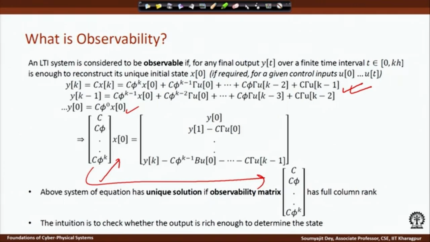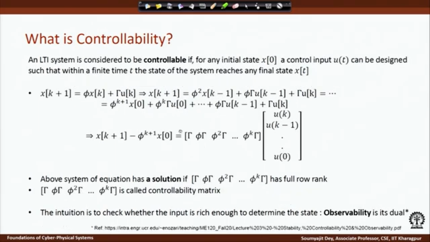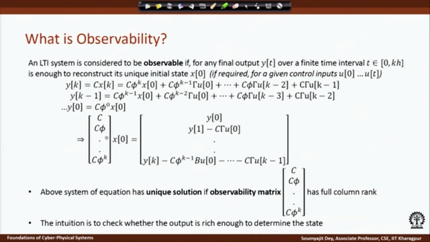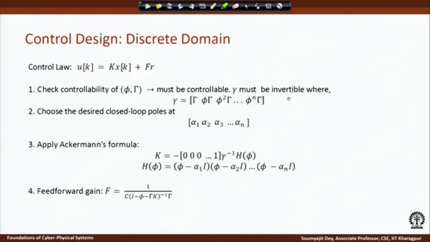But anyway, for our control system design problem, let us go back to the context. We are talking about the controllability check. So, for our problem we need to do the controllability check, and then we will do just a similar thing like earlier. We want to choose the closed loop poles at some locations, and we will apply Ackermann's formula like we discussed earlier.